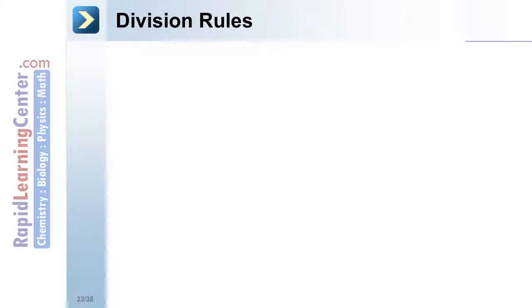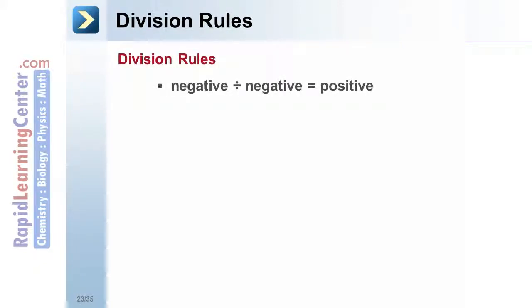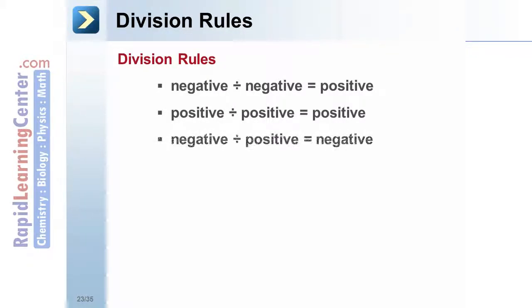Division rules. The quotient of two negative numbers is positive. The quotient of two positive numbers is positive. The quotient of a negative number and a positive number is negative.